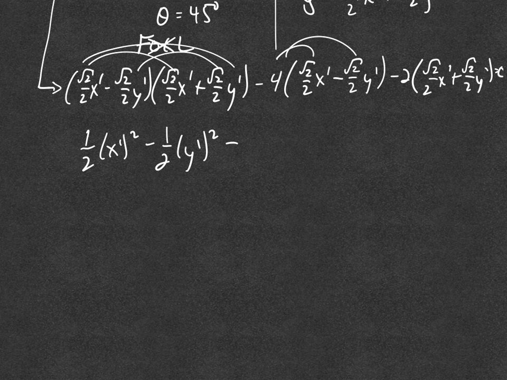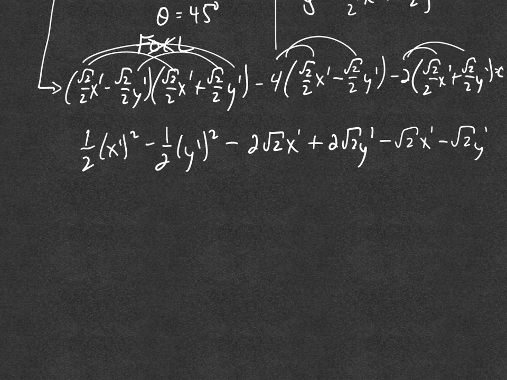Distributing the negative 4 would give us negative 2 square roots of 2 x prime plus 2 square roots of 2 y prime. All right, and distributing a negative 2, the 2s just cancel, so I'd have the square root of 2 x prime, and the 2s just cancel, giving me a negative square root of 2 y prime is equal to 0.